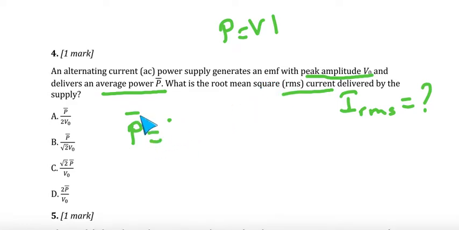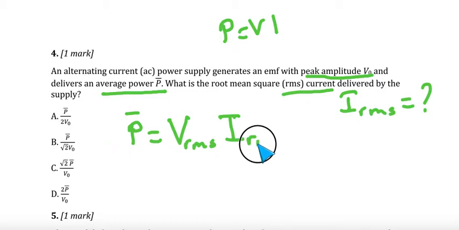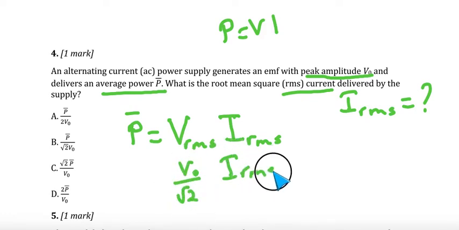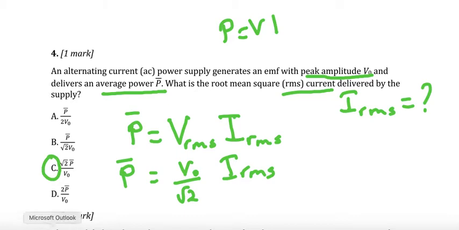For the average, I write it with the RMS values. Since I'm looking for I RMS, I need to divide the average power P by the V RMS. I have V0, so V RMS would be V0 over root 2. So we write the same with the ones we are given. When you rearrange this, you get C for the I RMS.